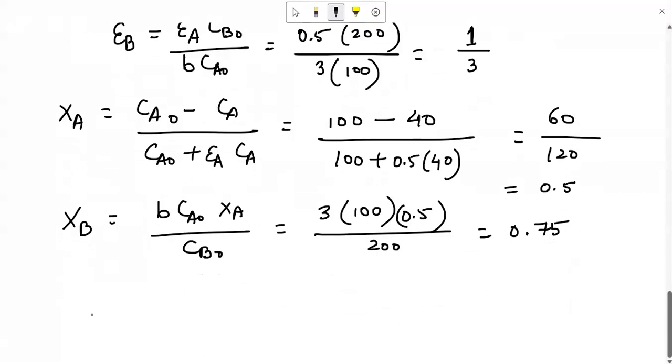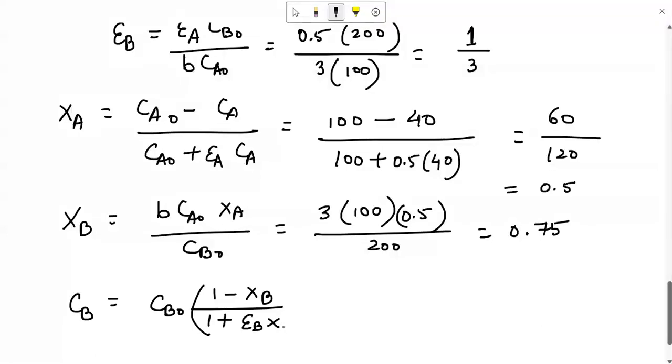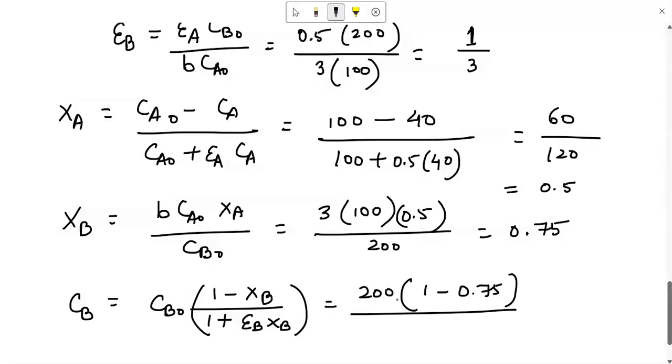Now coming to finding the exact Cb value, that is the outlet concentration of B. Cb equals Cb0 multiplied by 1 minus Xb, divided by 1 plus epsilon B Xb. Plugging in the values, Cb0 was 200 multiplied by 1 minus Xb, which we have just found, 0.75, divided by 1 plus epsilon B, which we found as 1/3, multiplied by Xb, which is again 0.75.